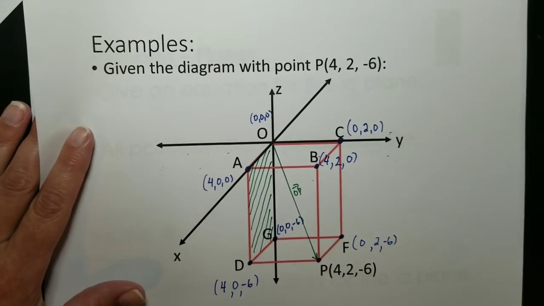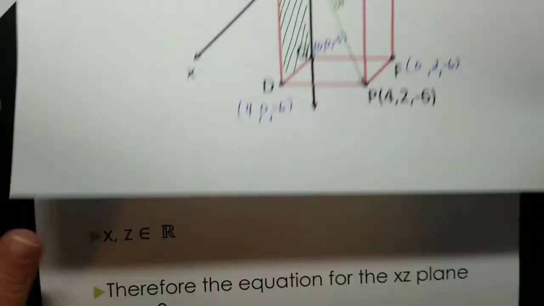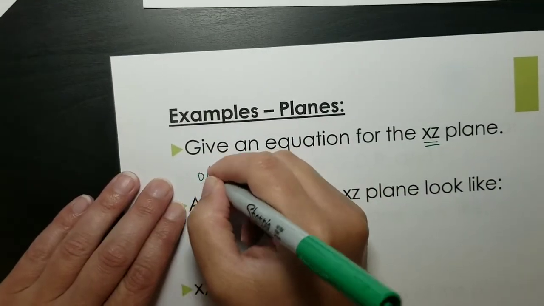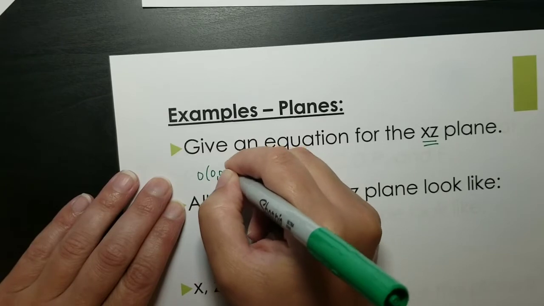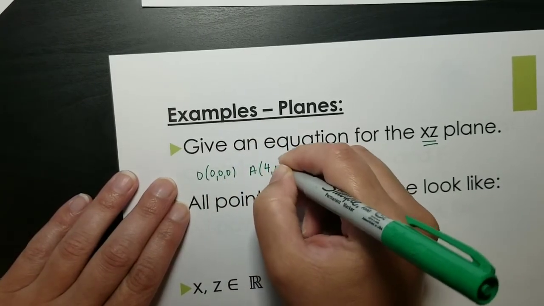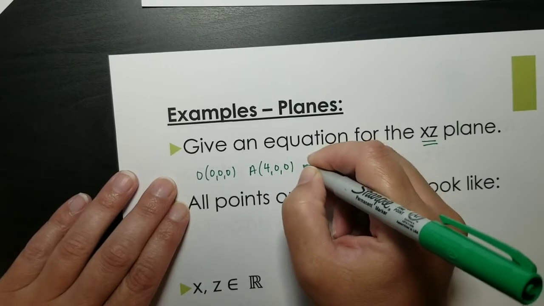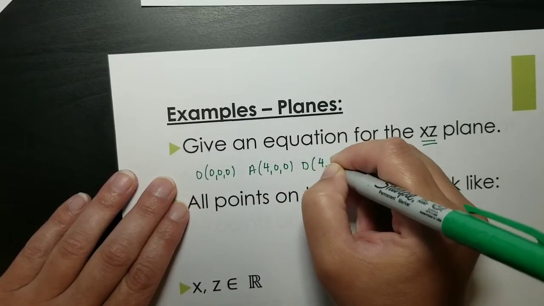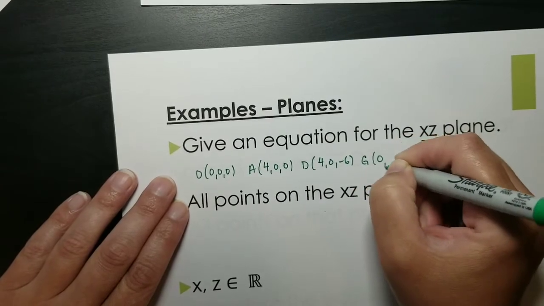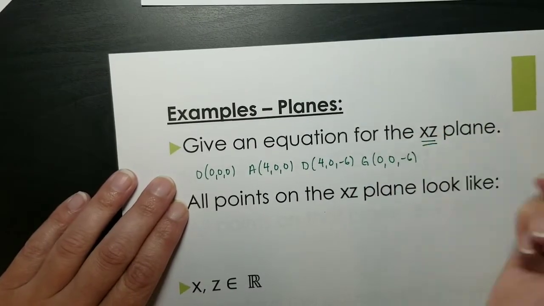So we can look at the points on there that are all in common. So O, which doesn't actually tell us much, A, which is 4, 0, 0, D, which is 4, 0, -6, and G, which is 0, 0, -6.